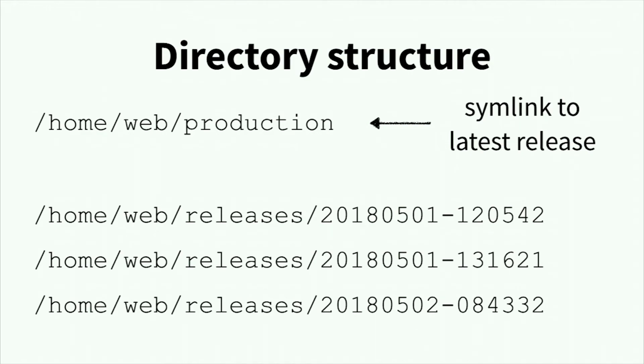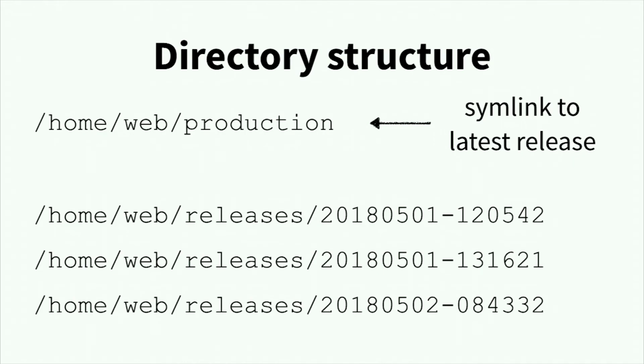I have the most experience with atomic deployments on the same file system. I don't have much experience with spinning up whole servers just because I want to do deployment without any downtime. So this is usually how it's done.